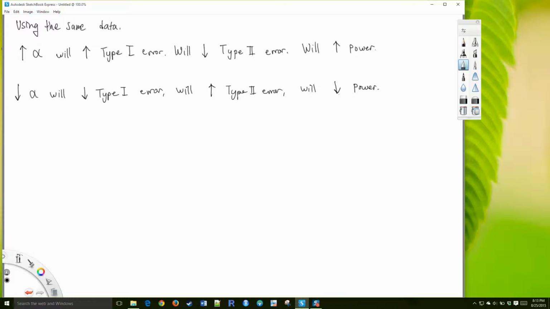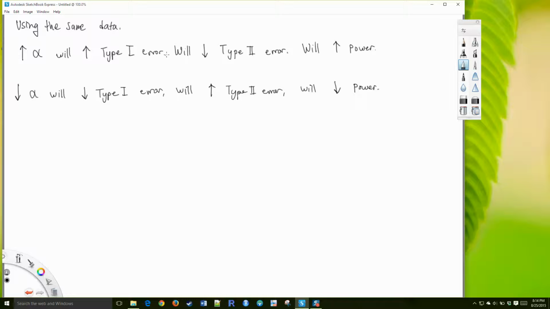Again, assuming we're using the same data. One way to keep the same alpha but decrease type 2 error will require collecting more data. That's the only way to increase your power without increasing alpha.